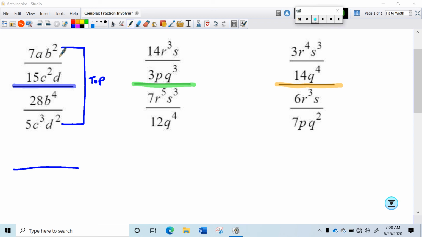So I have 7ab squared and 5c cubed d squared. Everything on the inside goes on the bottom. So I've got 15c squared d, and I've got 28b to the fourth.